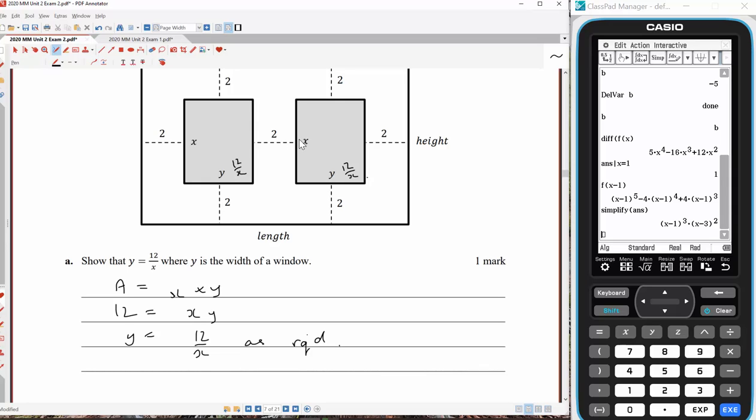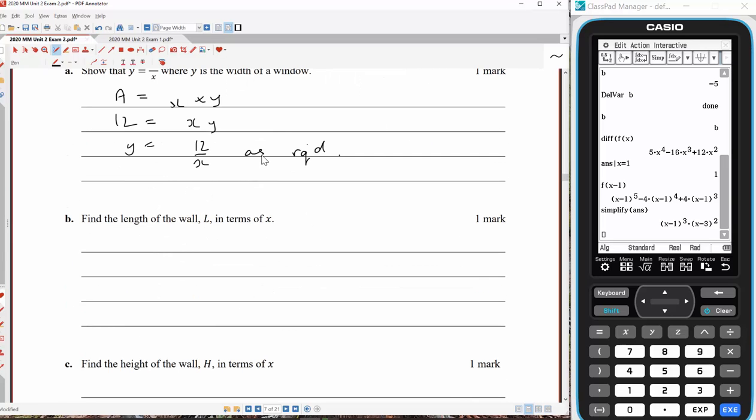A 2 and a 2 and a 2. So it's going to be 6 plus 2 lots of 12 on x. So 2 plus 2 plus 2 plus 12 on x plus 12 on x. So that's going to equal 6 plus 24 on x.